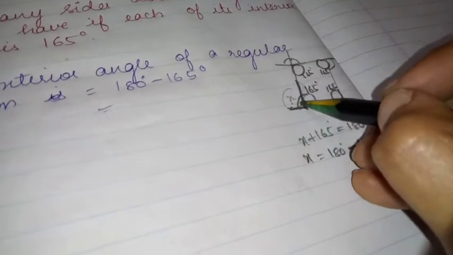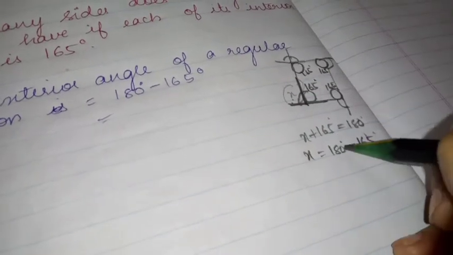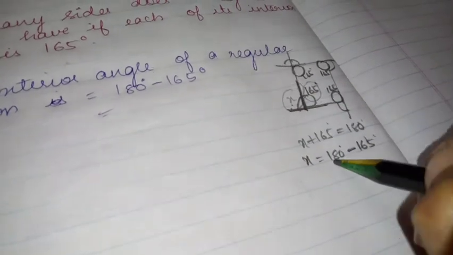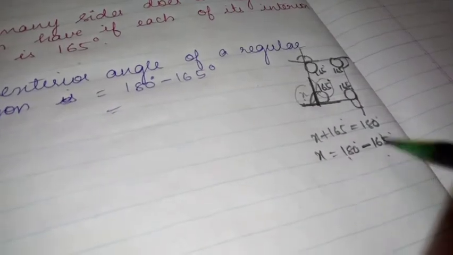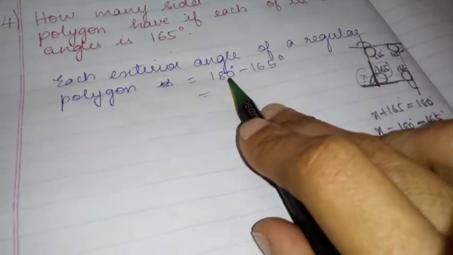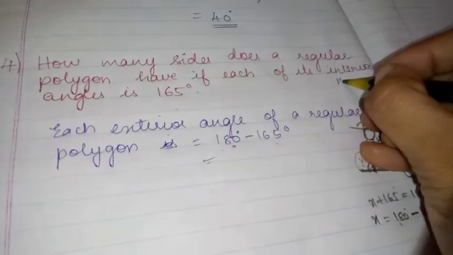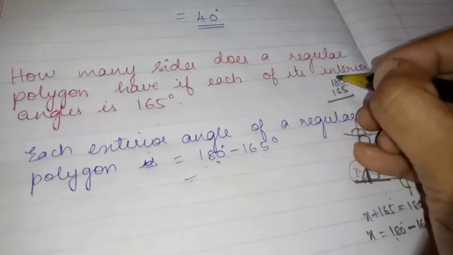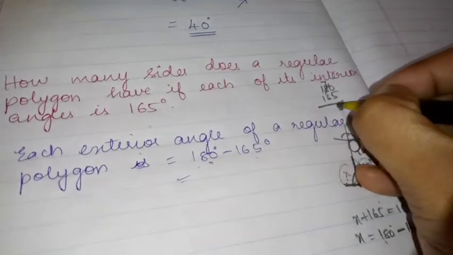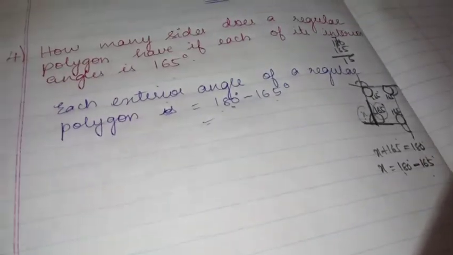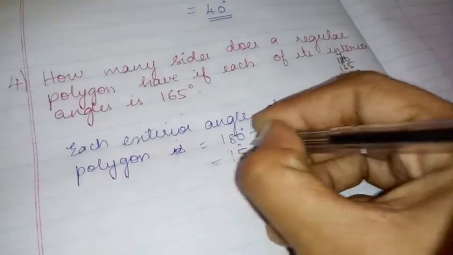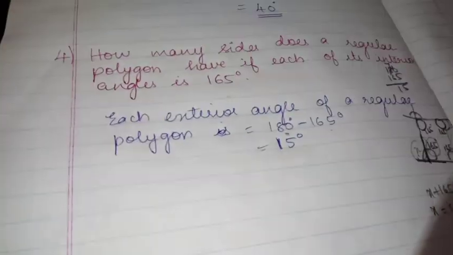So if you want to find this exterior angle, you should subtract the interior angle from 180 degrees. That is what I have done here. 180 minus 165 is what? 15 degrees. So what is your exterior angle? It is 15 degrees. Okay.